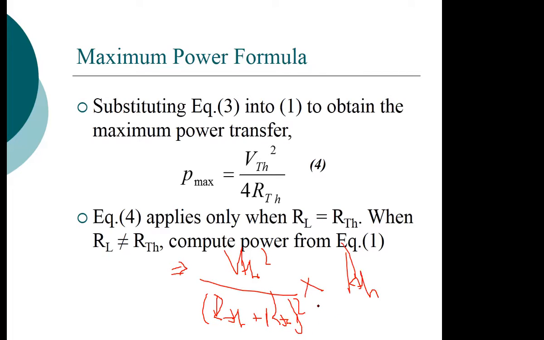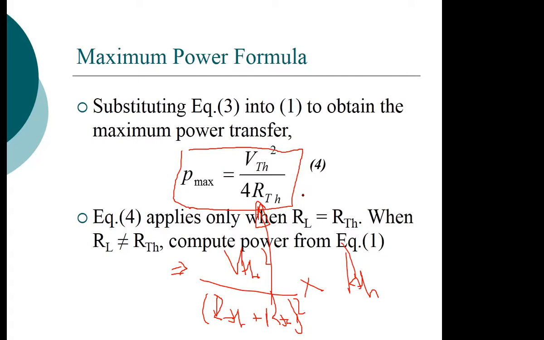So this becomes 4 R Thevenin squared, and then it will cancel out with that to give you this expression. So this is the expression for maximum power transfer. We say maximum power transfer occurs when R Thevenin is called the load, and then the power will be given by this expression, V Thevenin squared over 4R Thevenin.